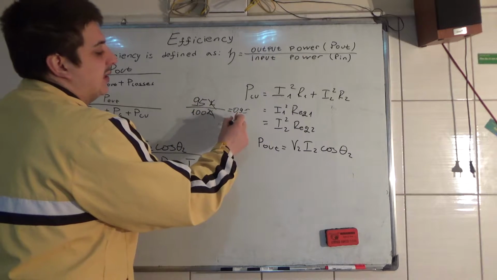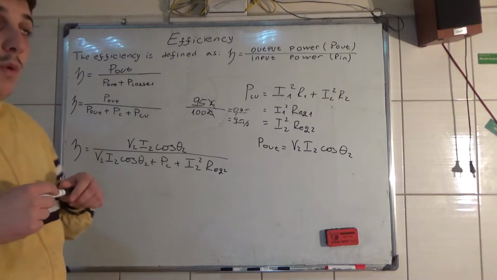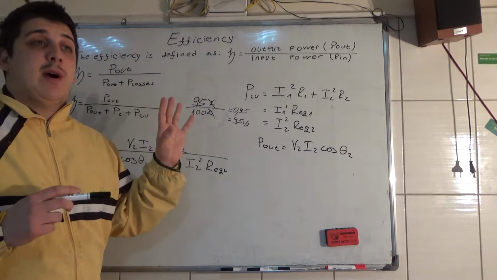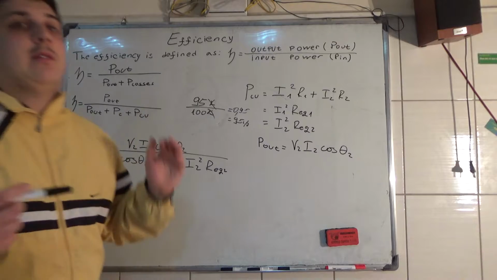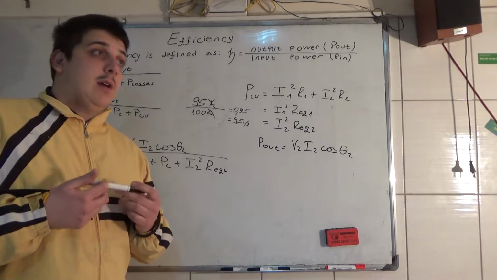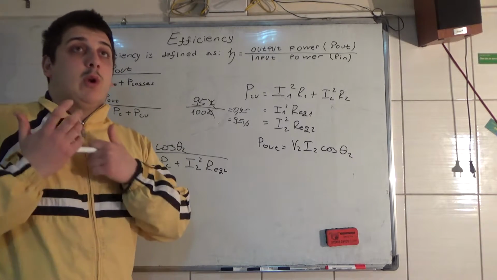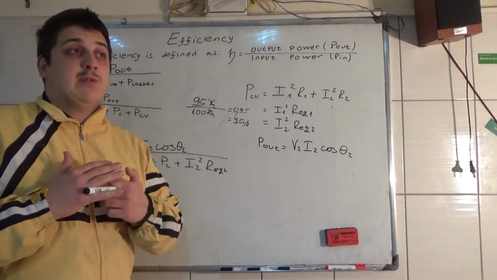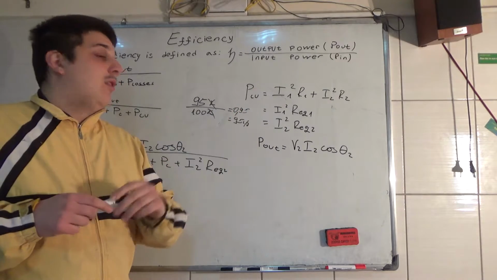In percentage, that is 95%. Now, what this means is that 5% of the input power is lost due to heat or something else that is not electrical, and those 5% we call losses.